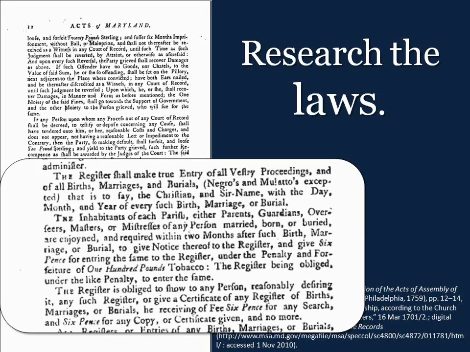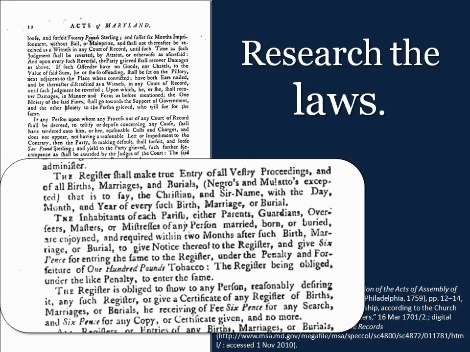Some of them had built up quite a bit of wealth here in Maryland. And what you end up finding is that Quakers, Catholics, other religious denominations, you find their births, marriages, and burials recorded in Protestant Episcopal parish registers.